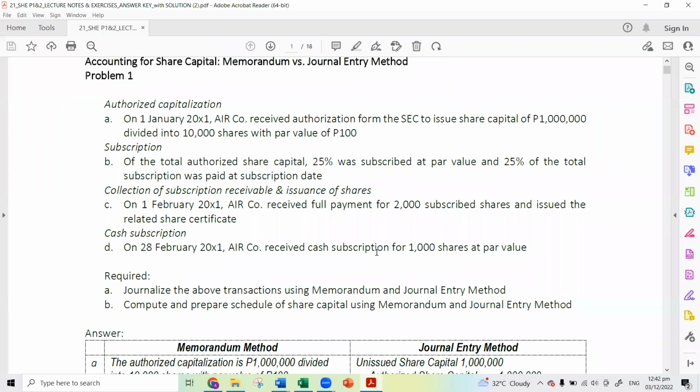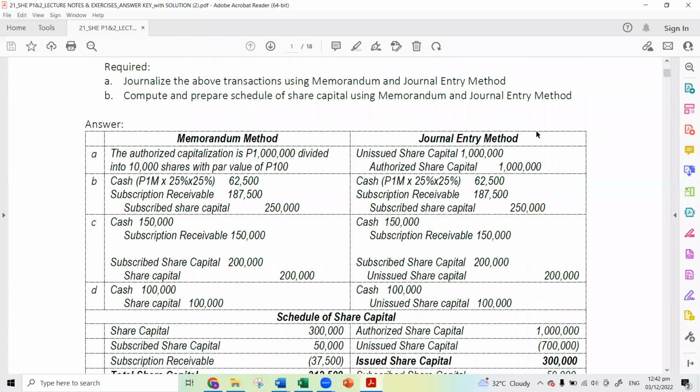An entity that accounts for its share capital may use one of the following. One is the memorandum method and the so-called journal entry method. Okay, ito yun. Memorandum method tsaka yung journal entry method.